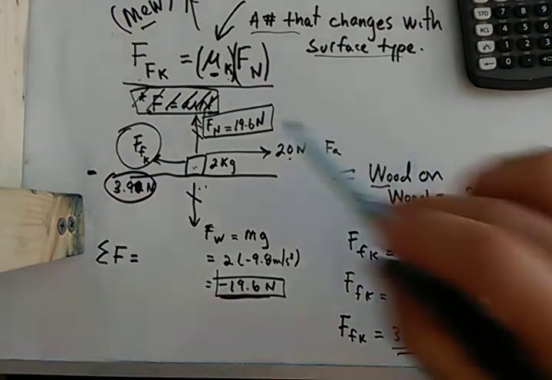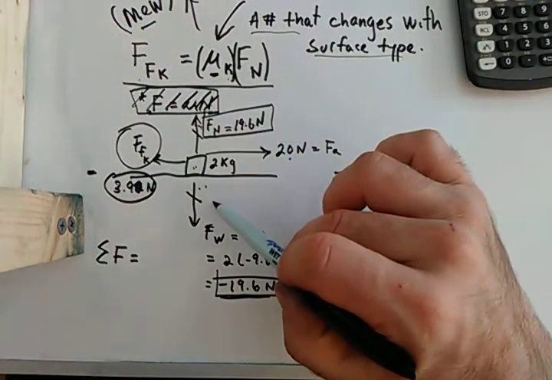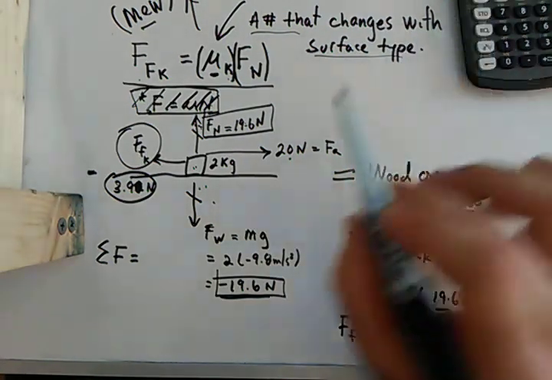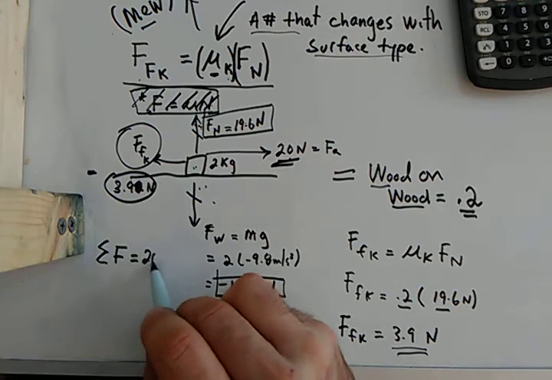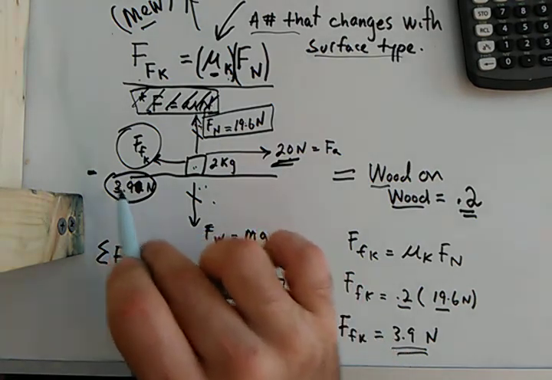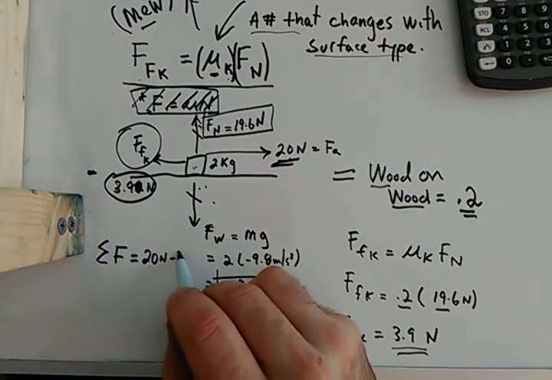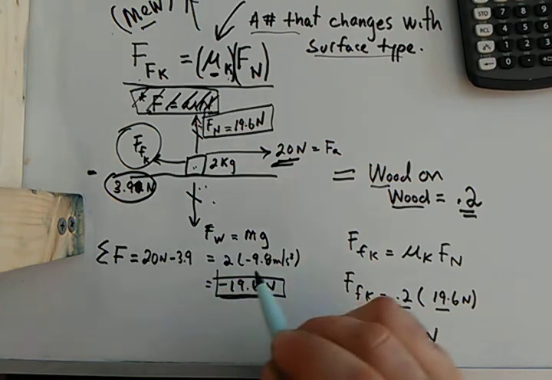And you should say, hey, well, 19.6 cancels with the 19.6. Those are gone. I've got a 20 pulling to the right. I've got a 3.9 pulling to the left.